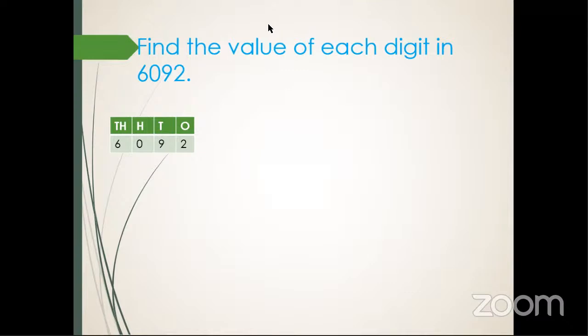Good. That's beautiful. Any other person to tell us still to beautify it? Priska: 6 times 1,000. So that's how to get the value of 6.